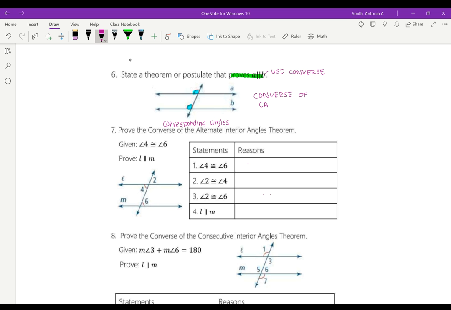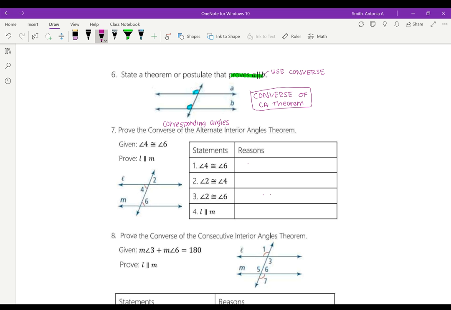Corresponding angles. So this would be the converse of the corresponding angles theorem, which would say if two corresponding angles are congruent, then the lines must be parallel.